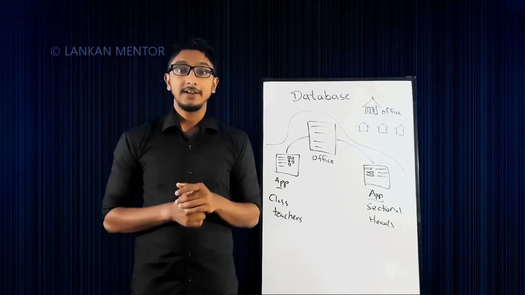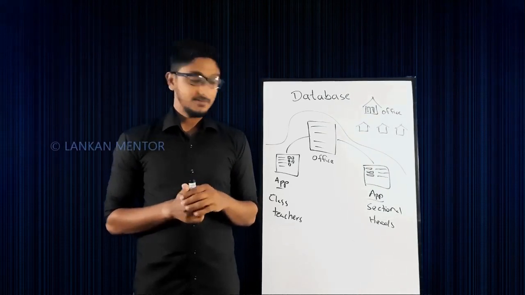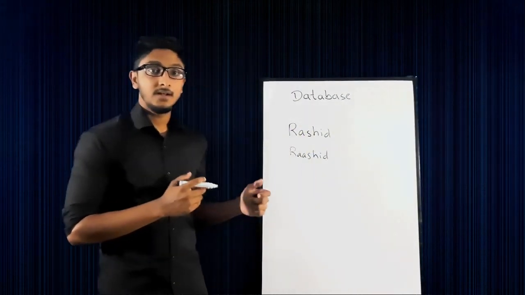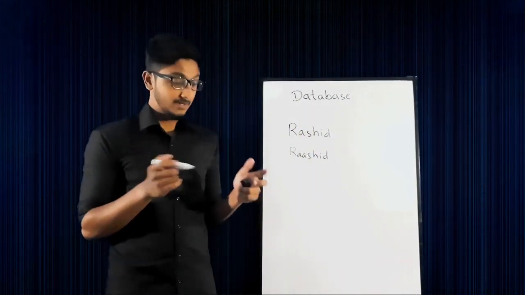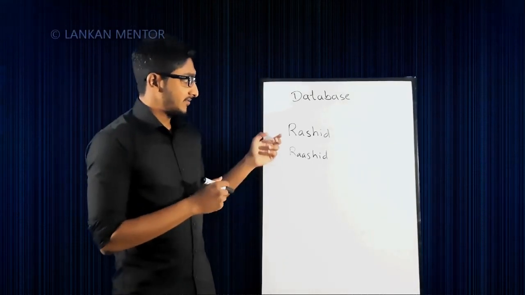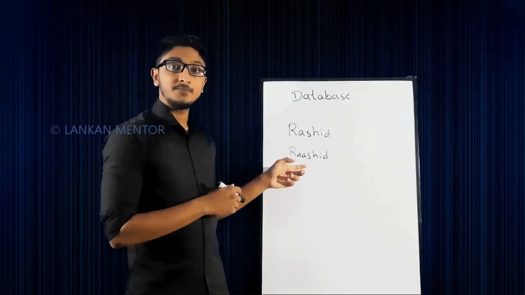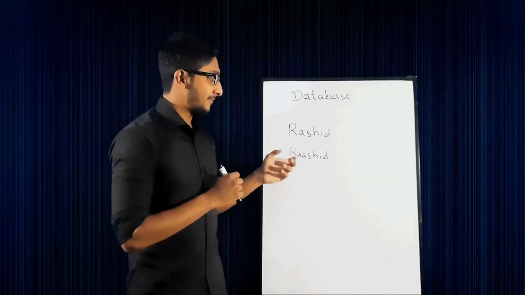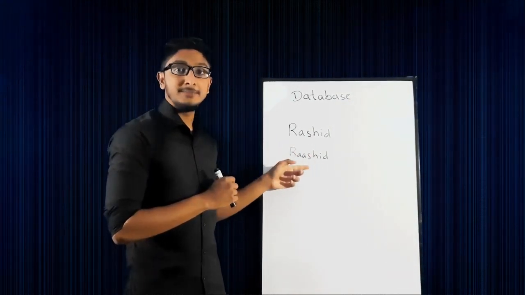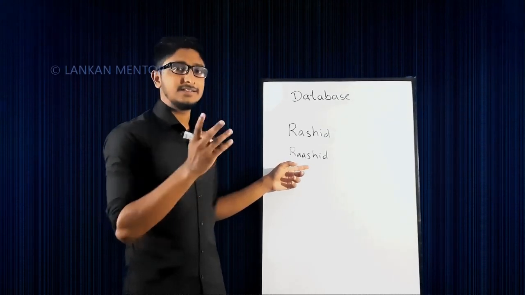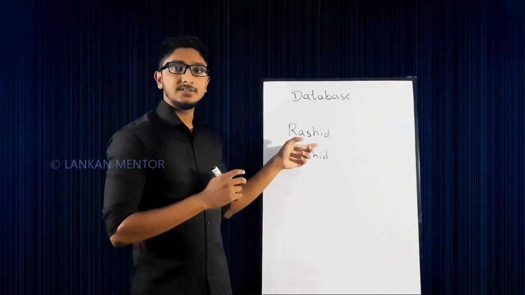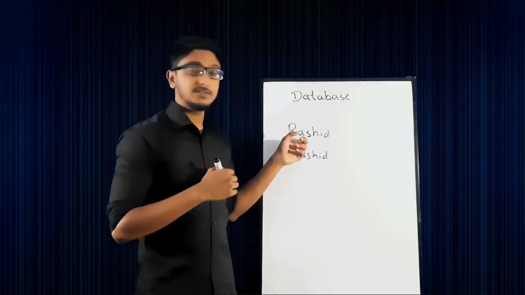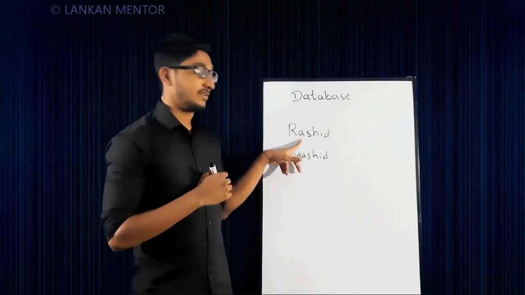And another thing, independence of data. Now, what is independence? I'll explain what independence is. Now, this is Rashid and Rashid. So, it's my name, right? This is how I spell my name, right? Now, let's say the teachers at my school, let's say I'm a student, right? Teachers at my school have recorded my name as this.